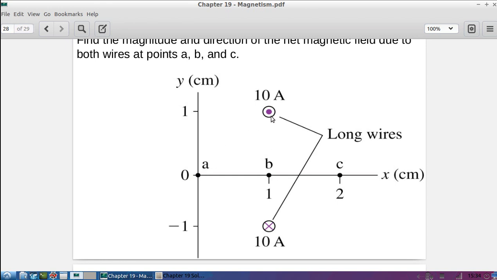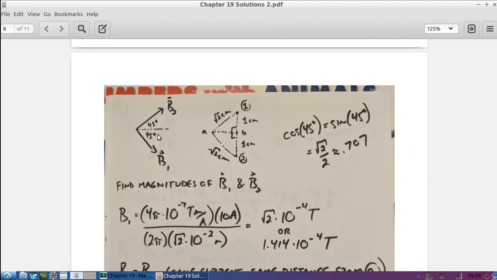You see I'm at (1, 1). Down here I'm at (1, -1). So I'm actually making squares and nice right isosceles triangles, giving me nice angles of 45 degrees below the positive x-axis and 45 degrees above the positive x-axis.